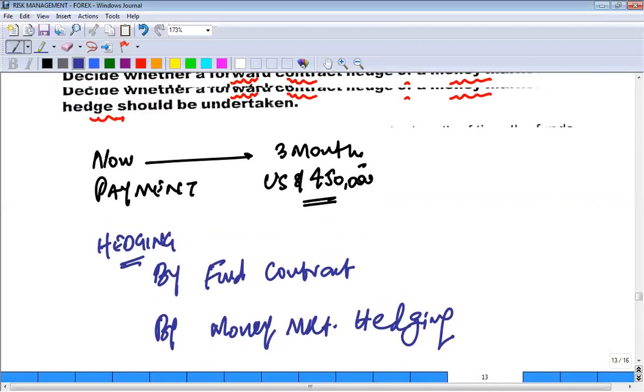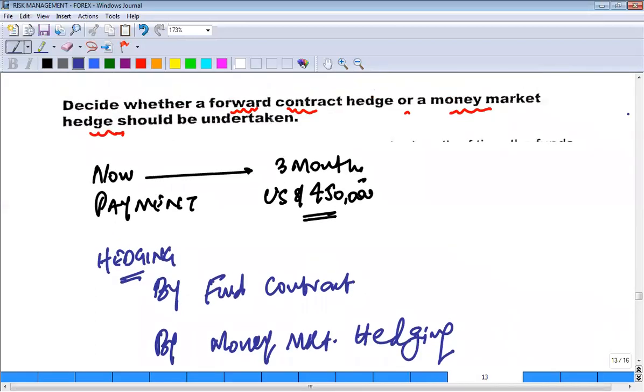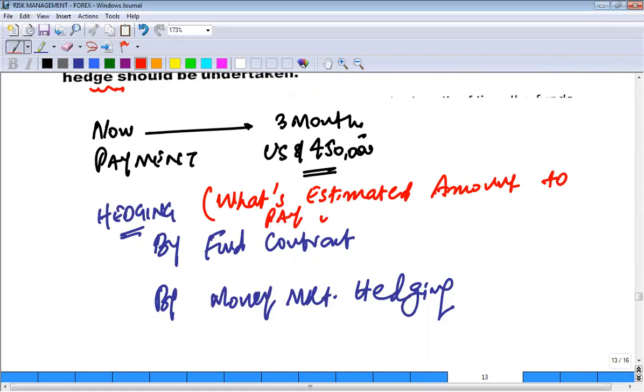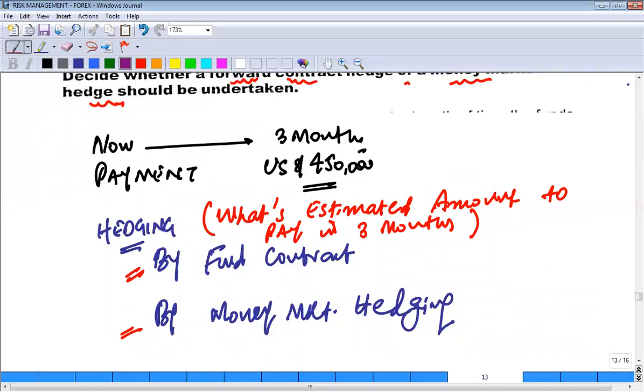And what is the expected amount to pay in 3 months? Buy forward contract, buy money market hedge. I know that you have already done buy forward contract.